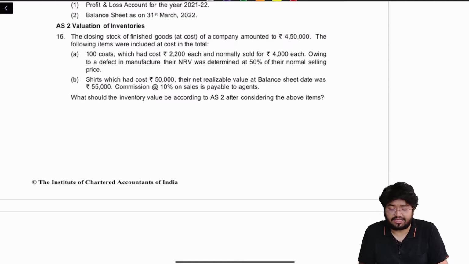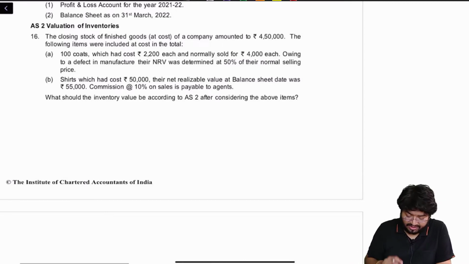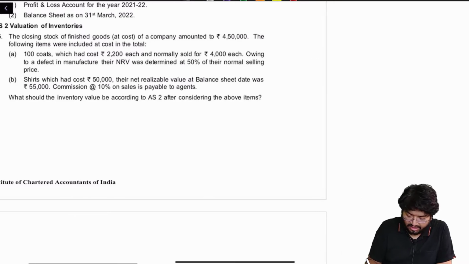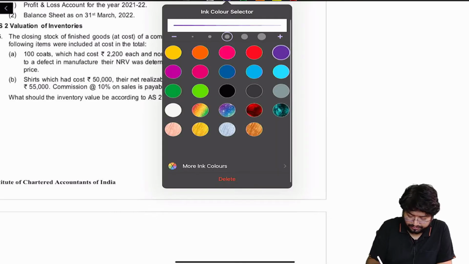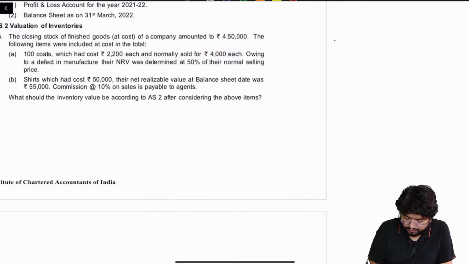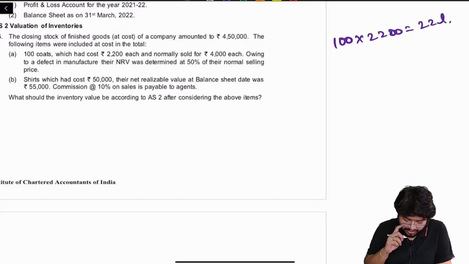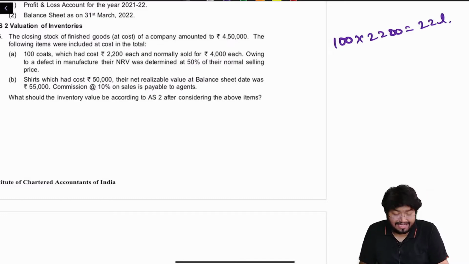So this guy is asking you about whether you should consider cost or NRV here. Cost or NRV, whichever is low, is supposed to be considered. In the first case, let's see what is the total value. He says it is 100 coats. 100 into 2,200 gives you 22 lakhs, and NRV is 50% of the normal selling price.